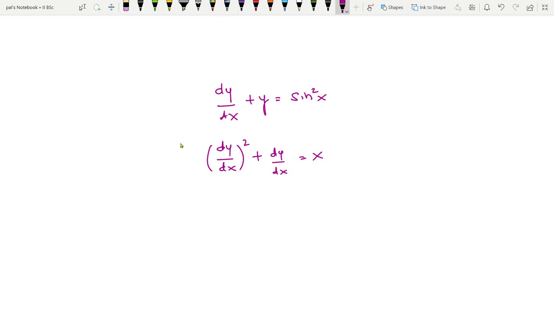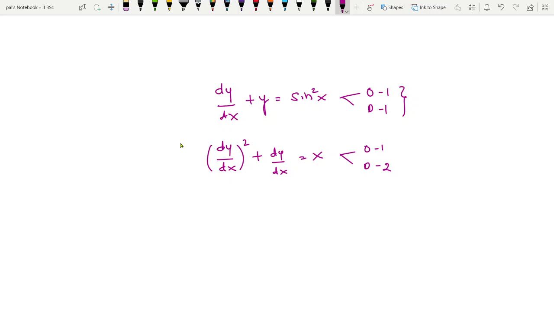You see, this is the differential equation of order 1 and degree 1, and this is the differential equation of order 1 but degree 2. Till now we discussed only this type, that is order 1 and degree 1.